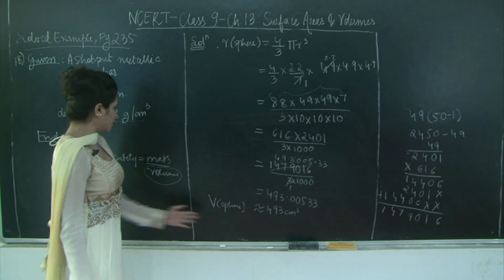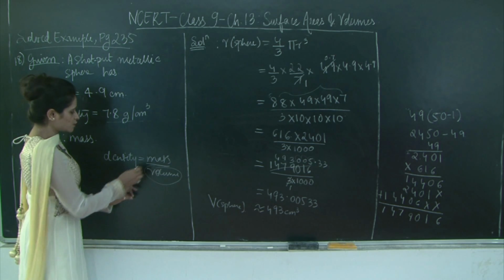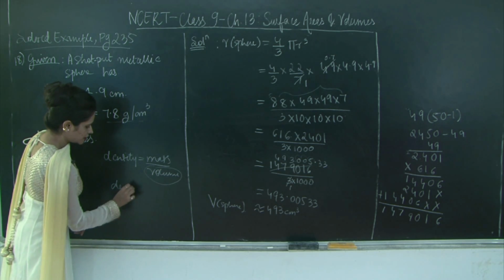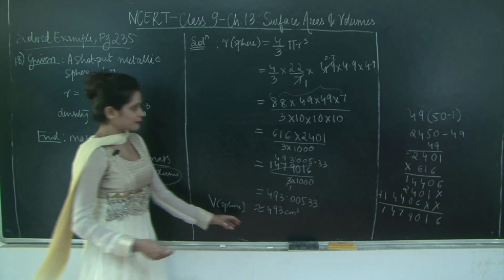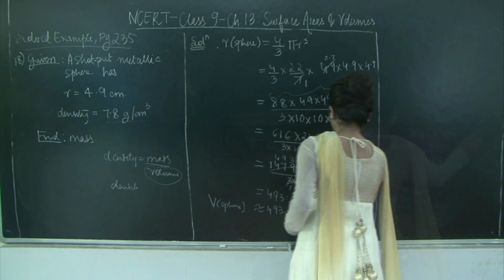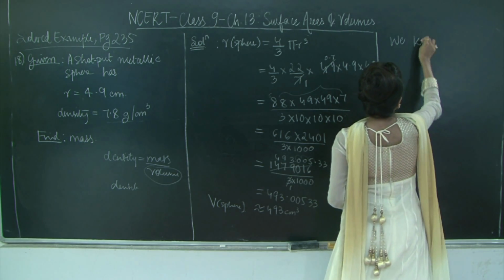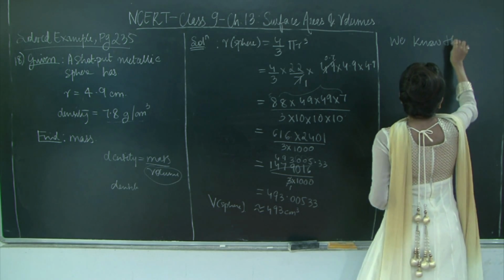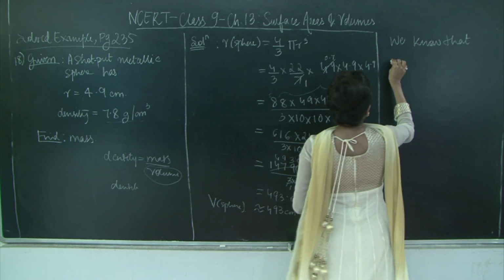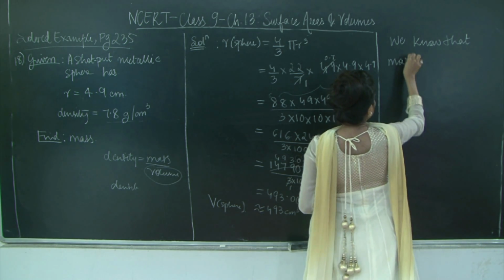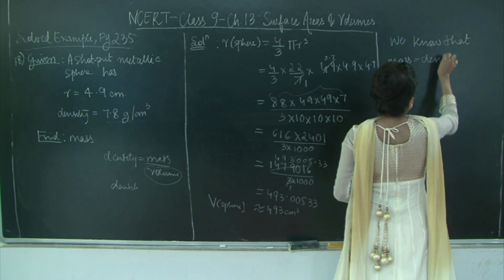Now having found the volume, we are going to find the mass using the formula. We know that mass is equal to density into volume.